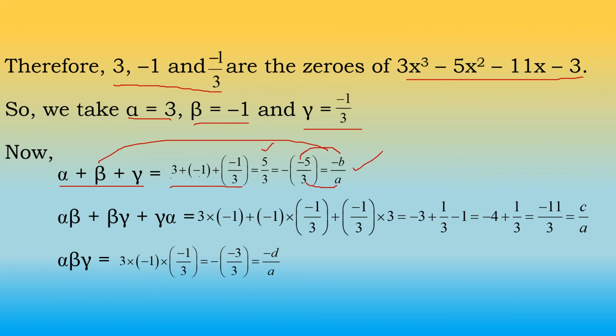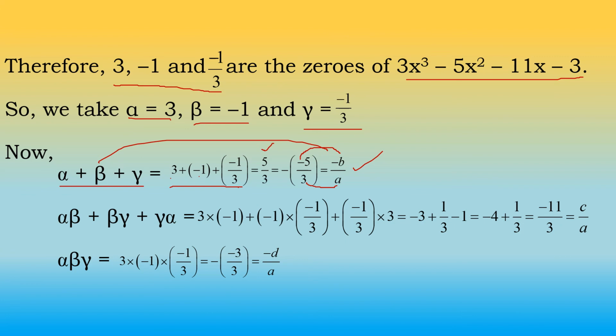Next relation: alpha into beta plus beta into gamma plus gamma into alpha. That is 3 into minus 1 plus minus 1 into minus 1 by 3 plus minus 1 by 3 into 3.